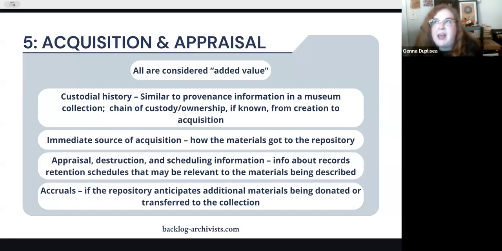For example, you might have a DACS compliant finding aid for, say, some university department. And those records, maybe you don't have the full inventory, but you might explain in this section, you might give the records retention schedule for that department. And then you say, after 7 years, these types of materials are discarded.